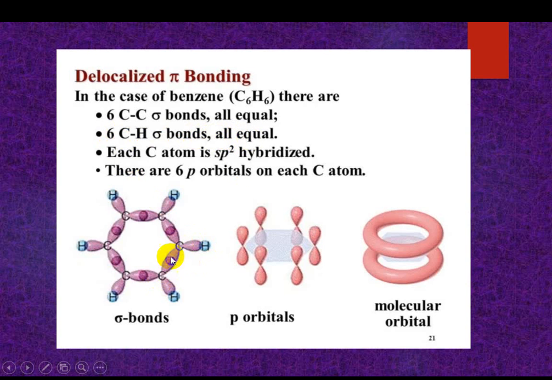This is the carbon atom, 1, 2, 3, 4, 5, 6 carbon atoms. Each carbon atom is sp2 hybridized. Okay, there is a p orbital on each carbon atom. These p orbitals form resonance, with the top pi bond here and below.